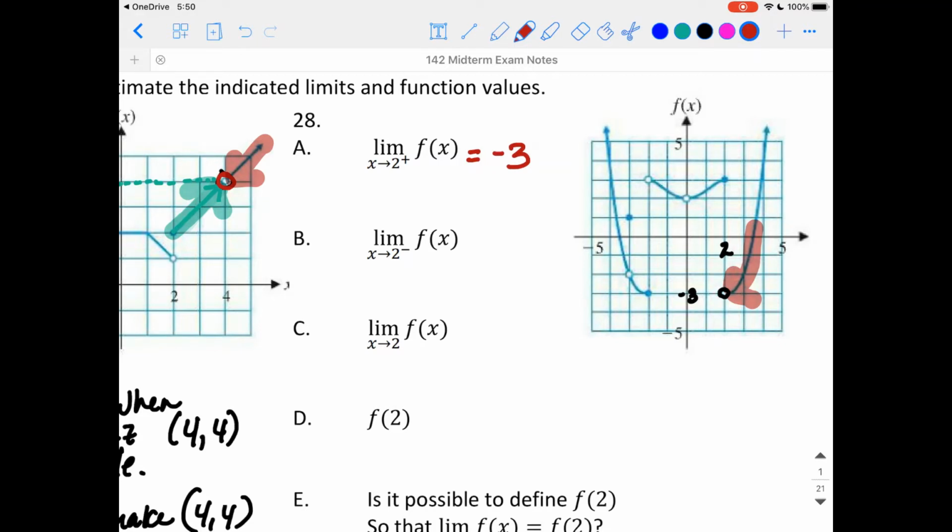Part B, the limit of the function f of x as x approaches 2, but from the negative side, which is the left side. So from the left side, at x equal to 2, this is the closest left side.